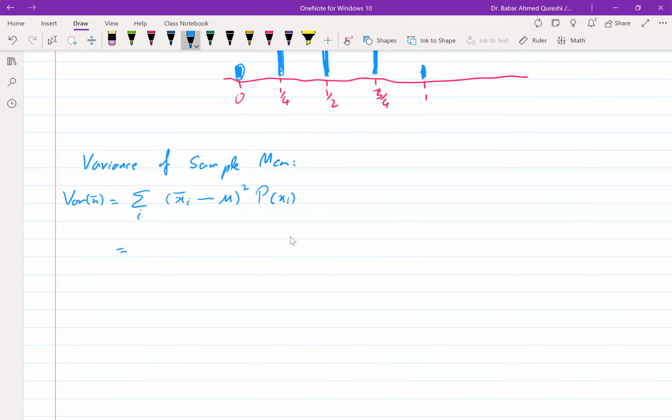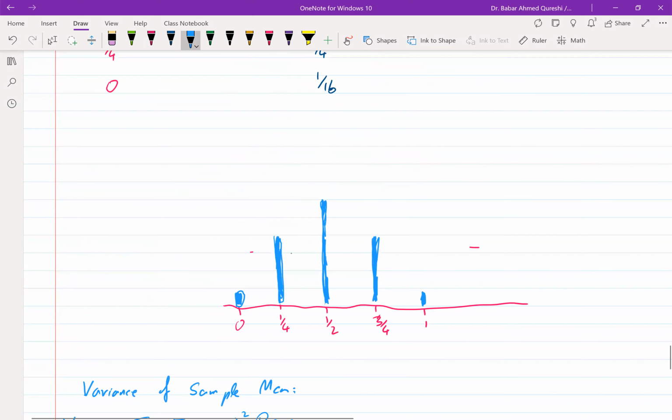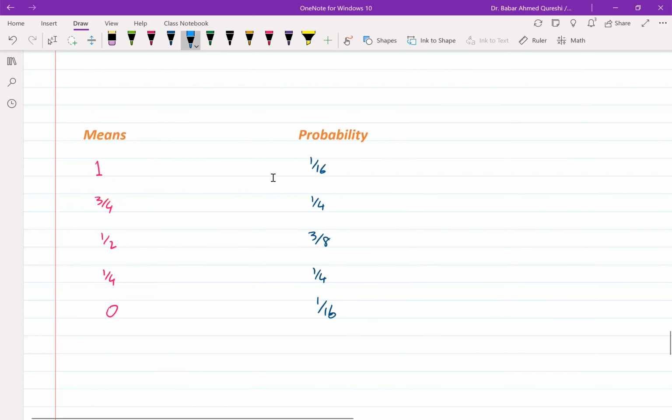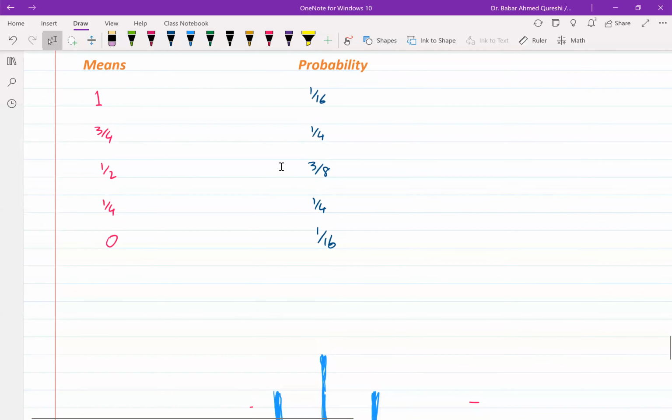So I have all the data in front of me. One possible value is that you have 1 minus half. This is 1 and this is half. You square it and you look up what is the probability of 1. It is 1 by 16.